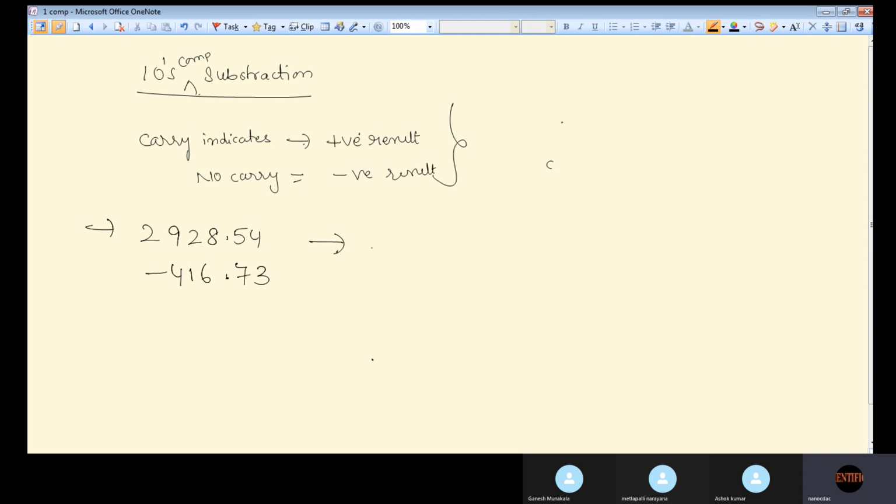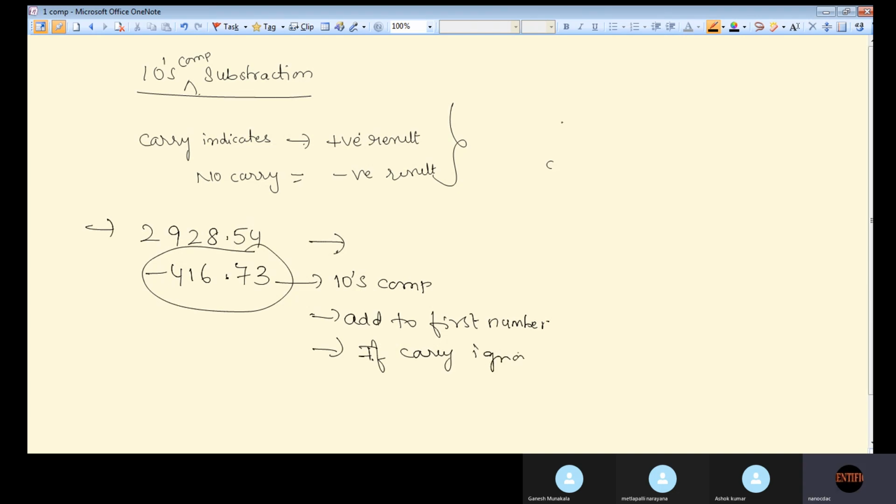First step, take the second number and find out its tens complement. Second step, add it to the first number. If you are getting a carry, just ignore it. That's it.